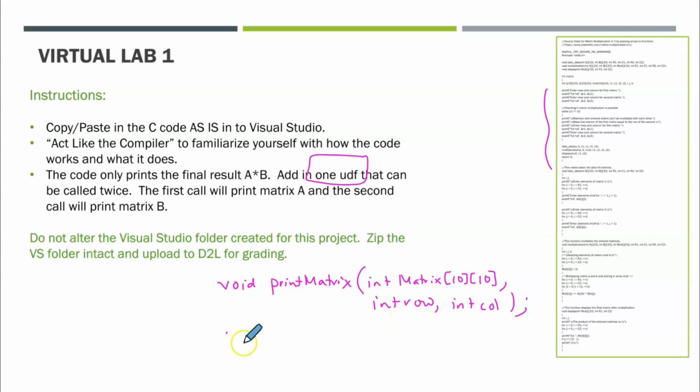So in int main void, I might call print matrix. So this is going to be our call.